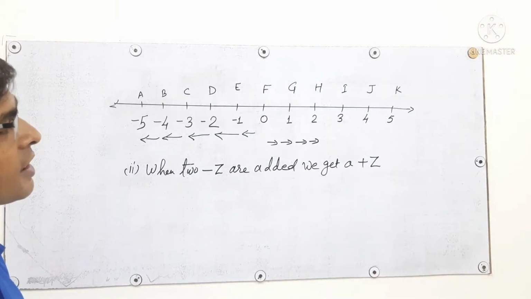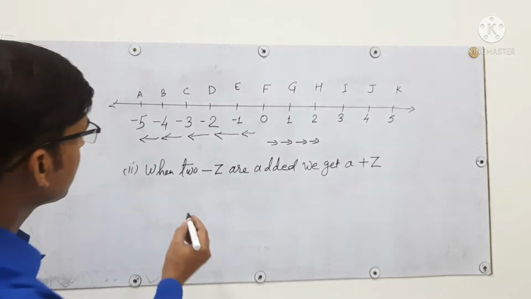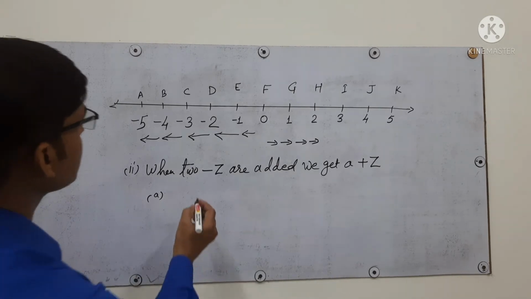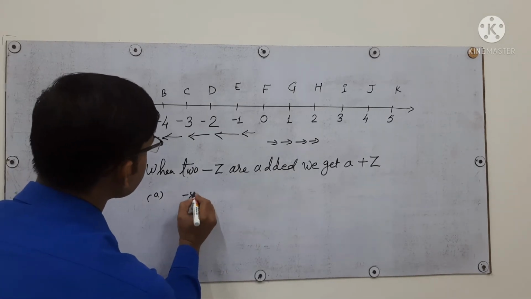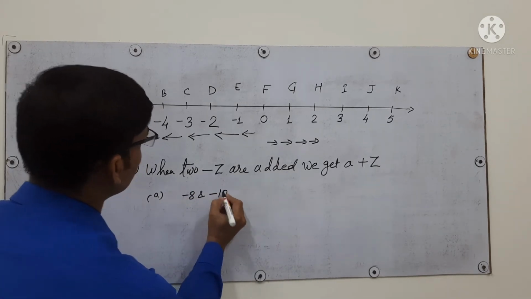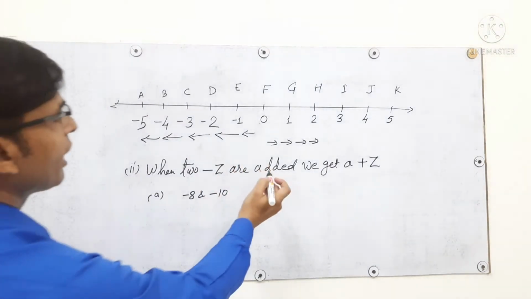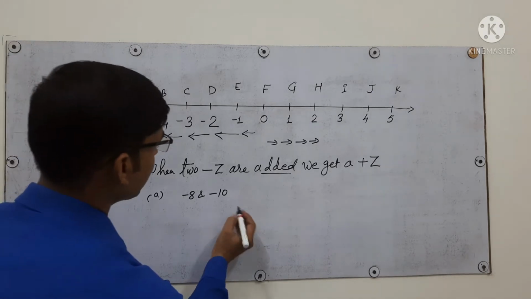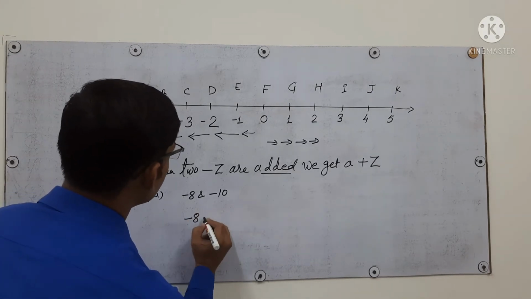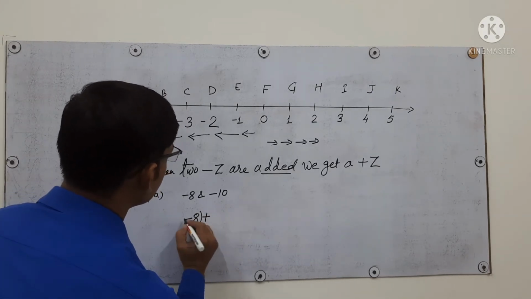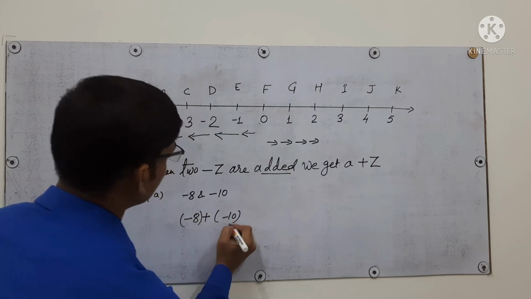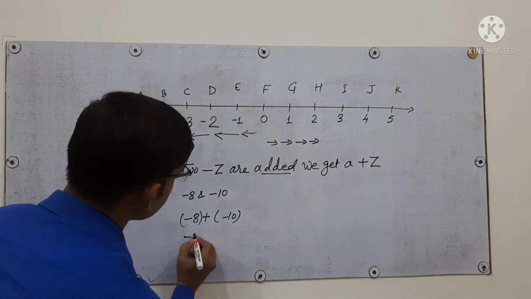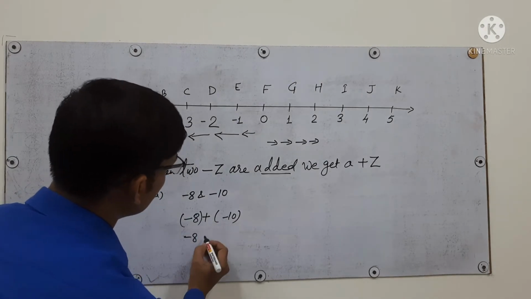We will understand it by taking two examples. Example A: suppose two negative integers are -8 and -10. Now we have to add them. So we will add like this, -8 plus -10. What will we get? -8, and plus and minus will be minus.